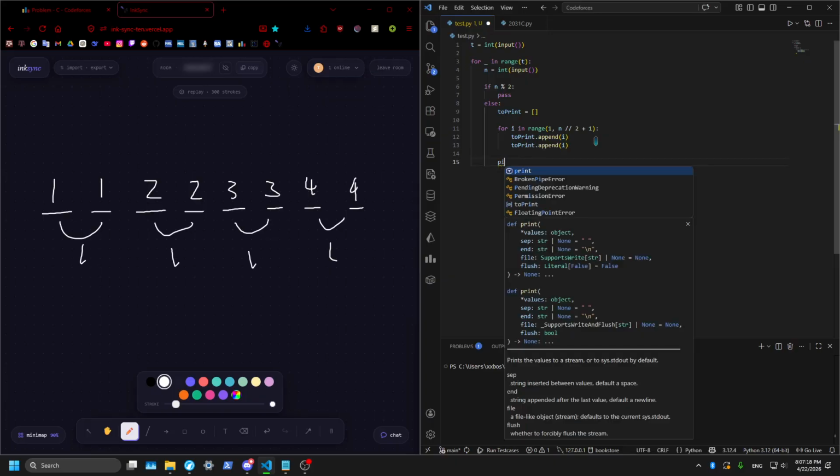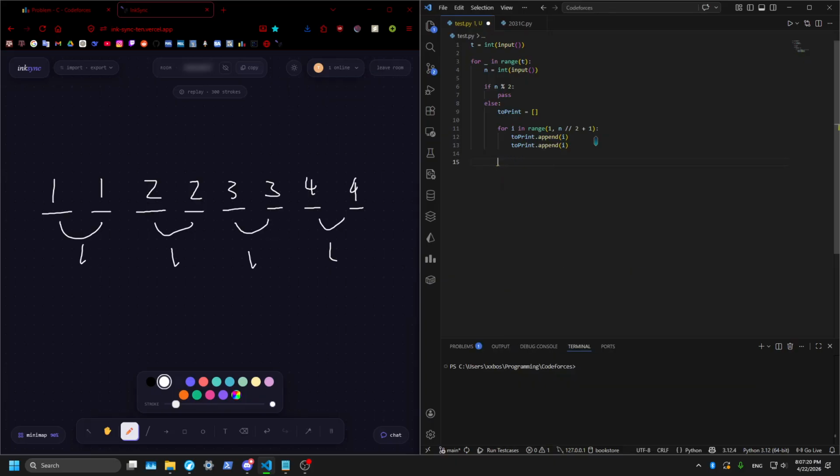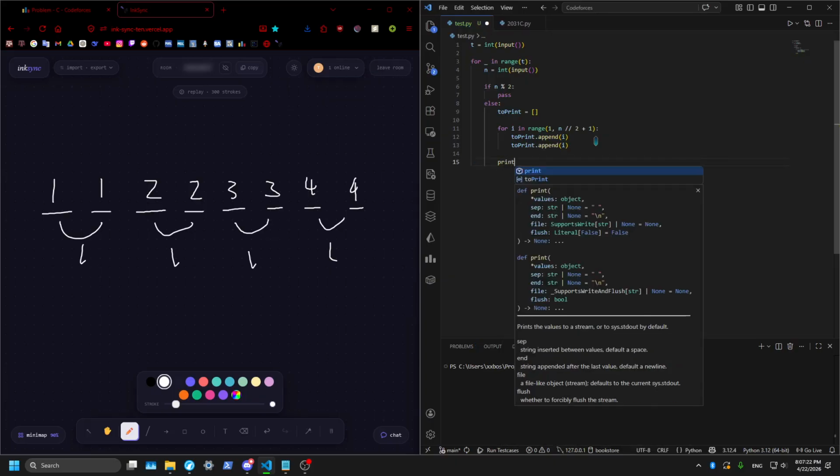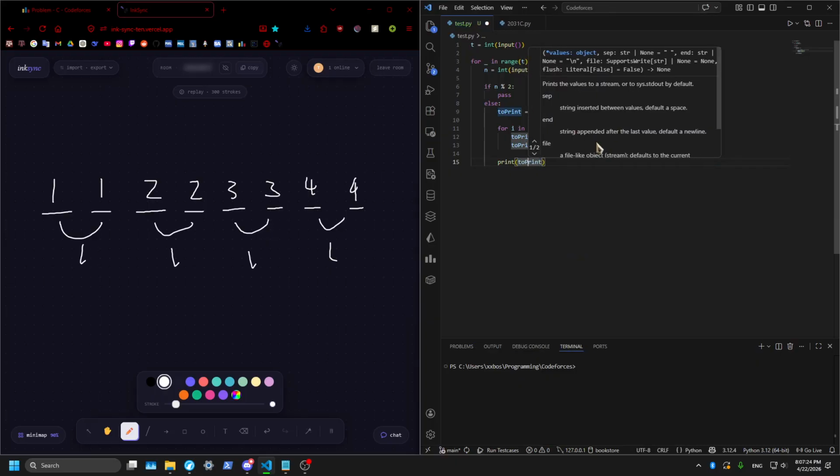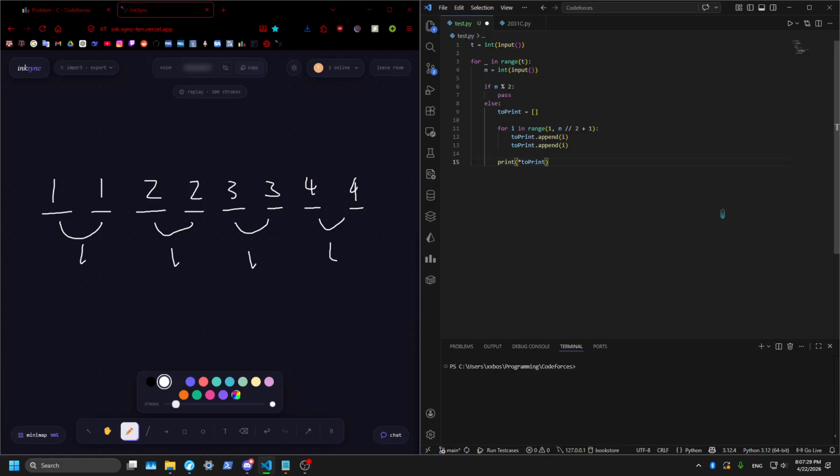And then we simply print toPrint. And don't forget to unpack it. There we go. Now, we've basically simplified this question into, what is the odd behavior for these BBQ buns?